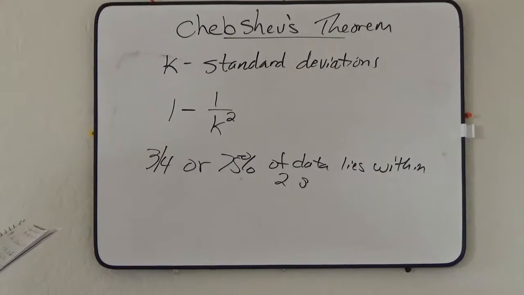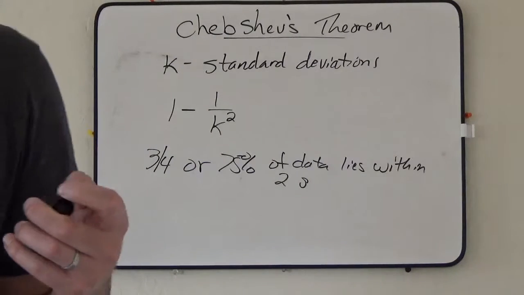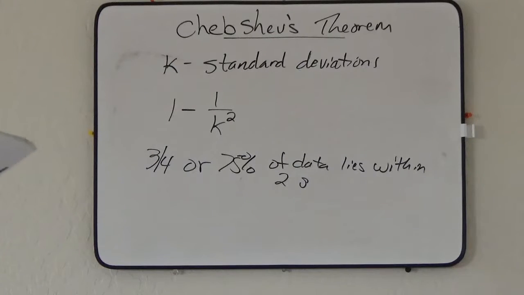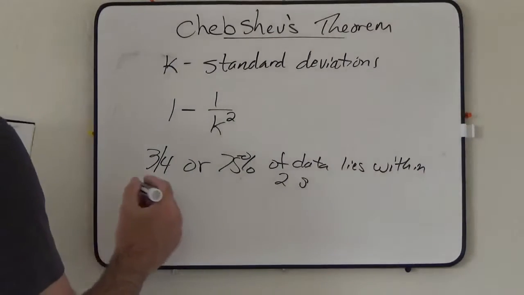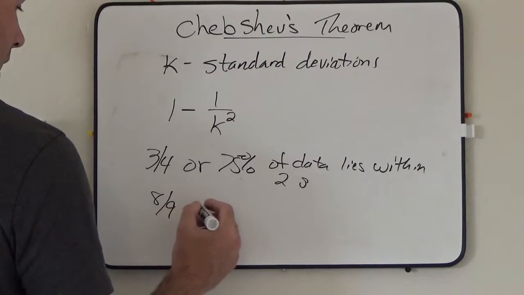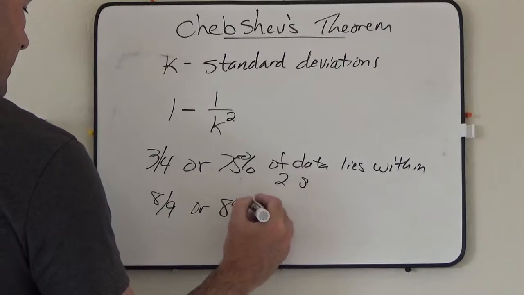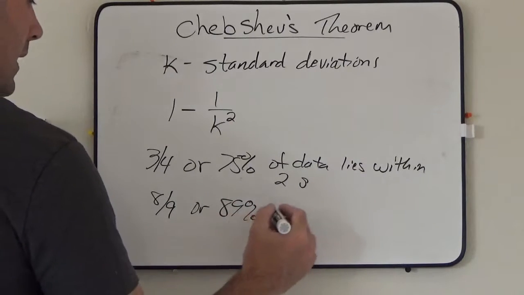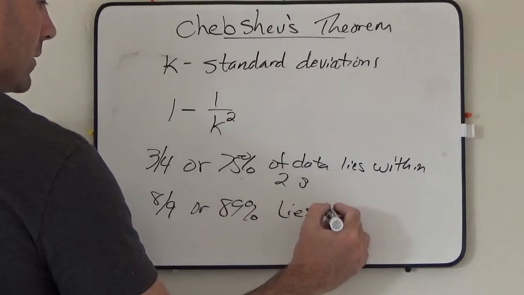Now, guys, this is for data that is not in the bell-shaped curve form. That's where this becomes useful. We also know that 8/9 of the data, or 89%, lies within 3 standard deviations.